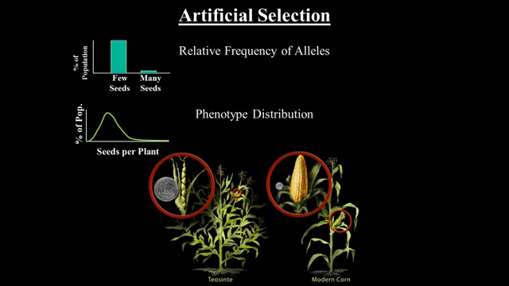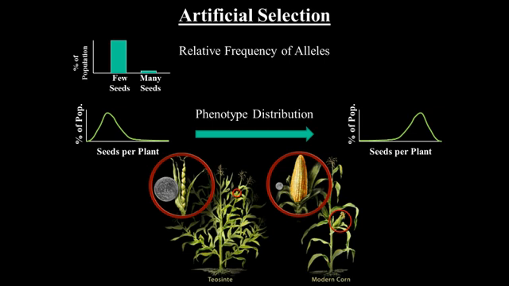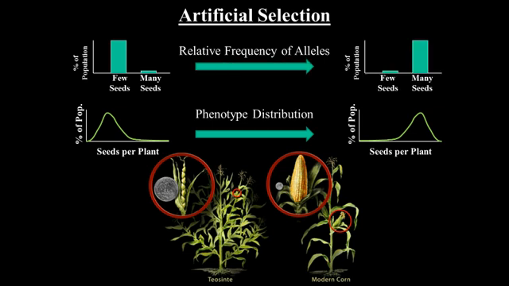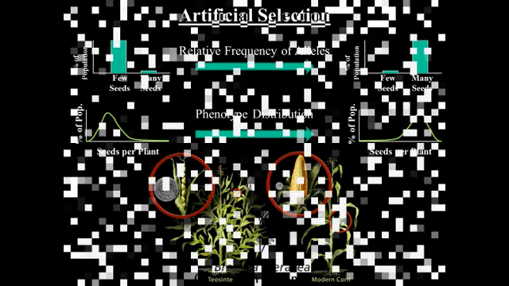The genes that caused there to be a relative few number of seeds, well, those were very common in the population. Ones that caused a large number of seeds, those were a little more rare in the population. After selective breeding, the phenotypes changed, which means that the relative frequency of alleles changed by the selective breeding. So that's an example of corn.